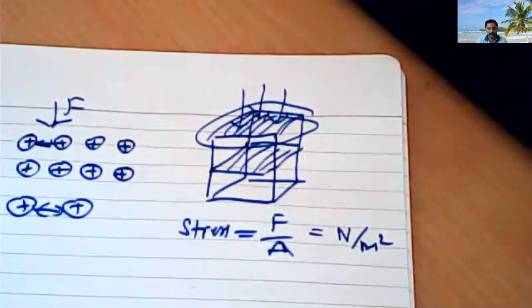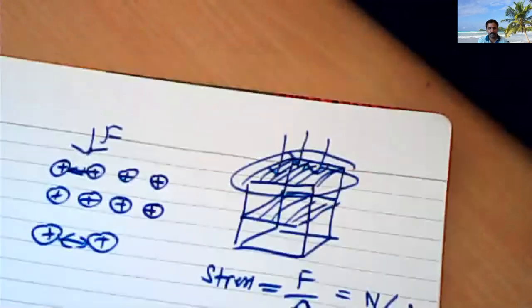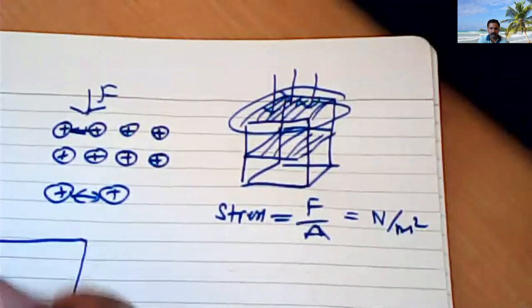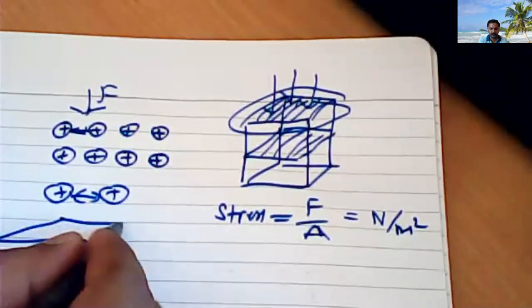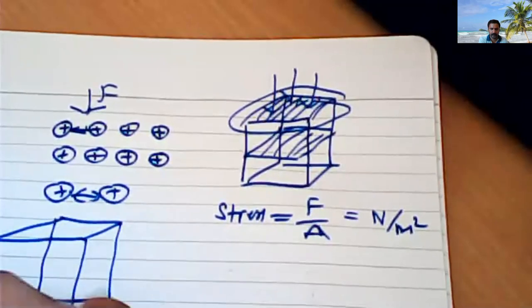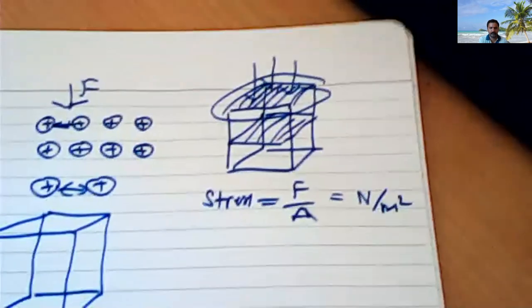Then the other one is tangential stress, or the shear stress. Tangential stress or shear stress means, for example, let me take a body in the form of a cube.